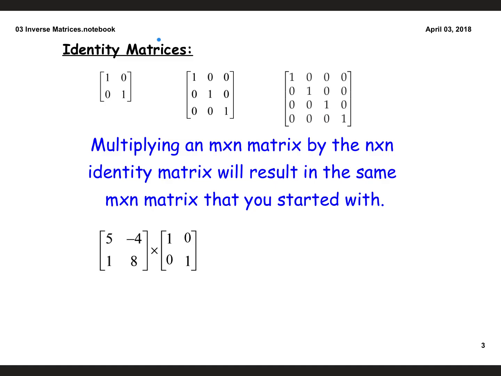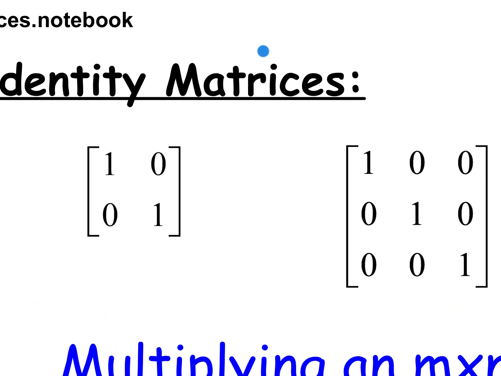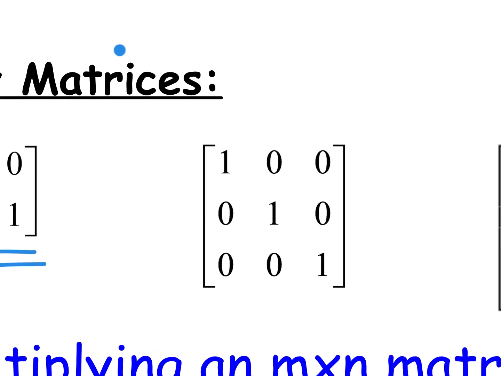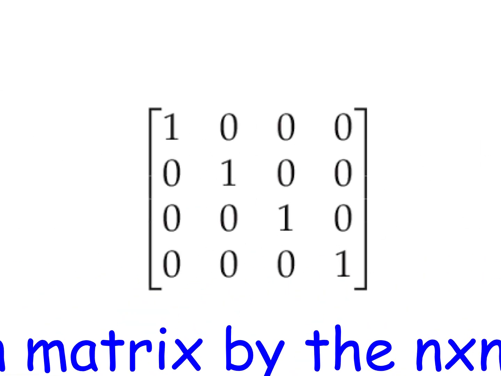On the next page of the notes, this is what 1 is in matrix world. If it's a square matrix that's 2 by 2, it's 1, 0, 0, 1. If it's a 3 by 3, it's 1, 0, 0, 0, 1, 0, 0, 0, 1. See how the 1 goes in a stripe down from left to right? Same thing here.